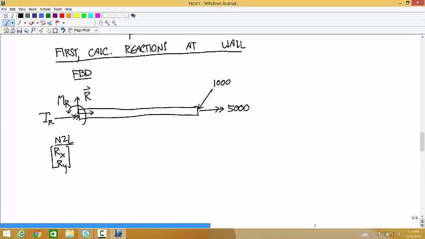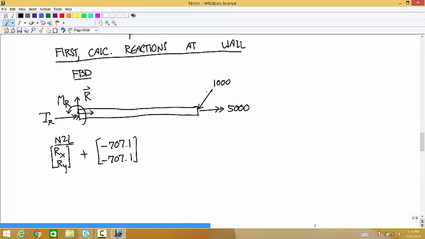Okay, so Newton's second law says, if you write this in vector components, the R vector plus this is negative 707.1, negative 707.1. Where's that coming from?